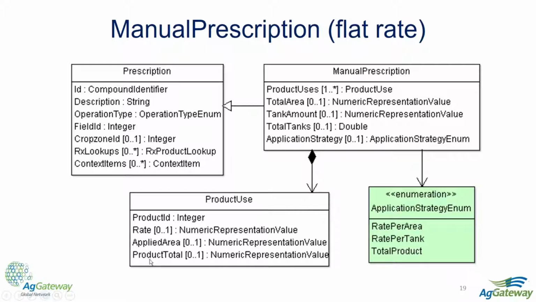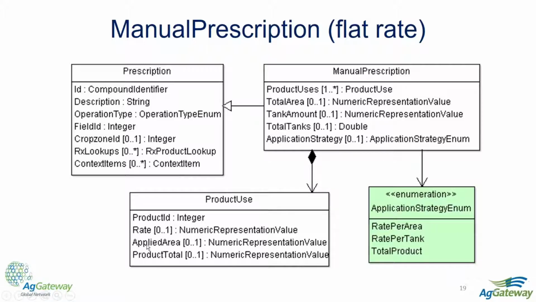You see that rate, applied area, and product total are all optional, but the underlying business rule is that you have to specify at least two of these three in order to fully lay out the mass balance. So the rate multiplied by the applied area will give us the total product, or the total product divided by the rate will give us the applied area, product total divided by applied area will give us the rate, and so forth.